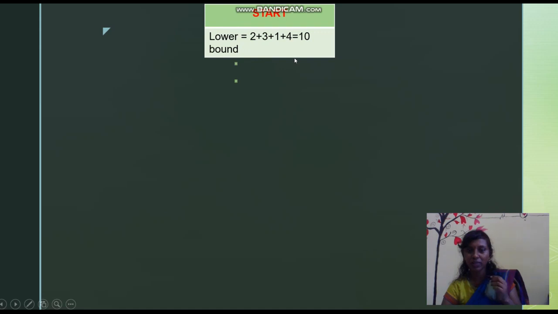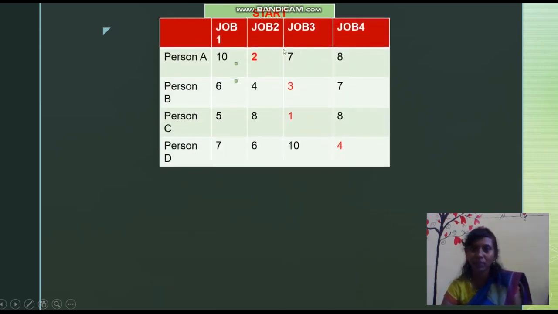Based on our table, in each row we have to take the minimum value. You don't need to consider whether it is from the same row or same column. You just take the minimum value from each row for the starting point. For person A, the first row, the minimum value is 2. For person B, the minimum value is 3. For person C, the minimum value is 1. For person D, the minimum value is 4.